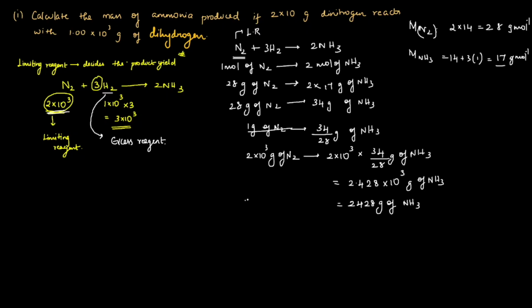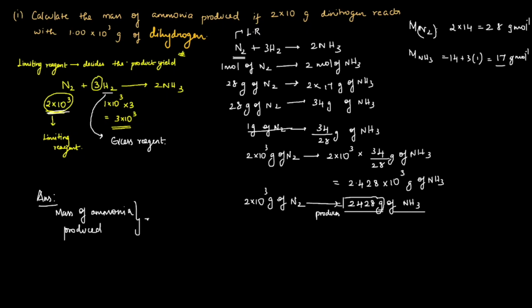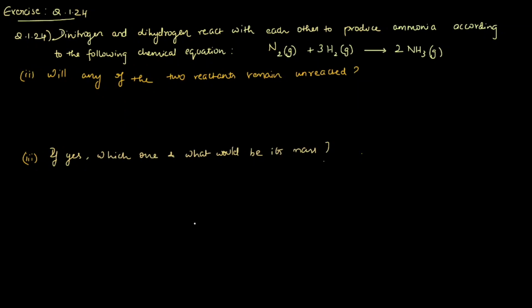Therefore, 2 into 10 power 3 grams of nitrogen reacts to form 2428 grams of ammonia as the product. So this much ammonia is produced in this reaction. So the answer is: the mass of ammonia produced by 2 into 10 power 3 grams of dinitrogen and 1 into 10 power 3 grams of dihydrogen is 2428 grams.